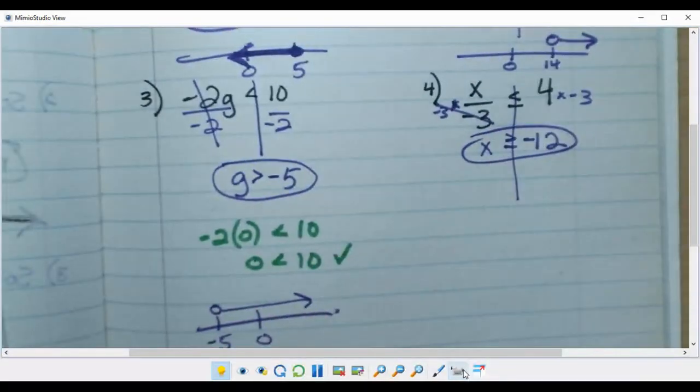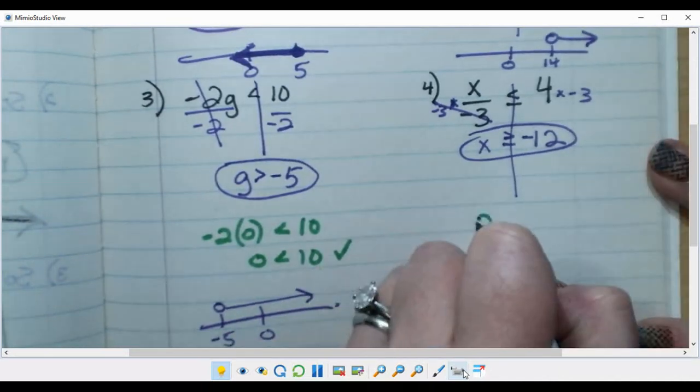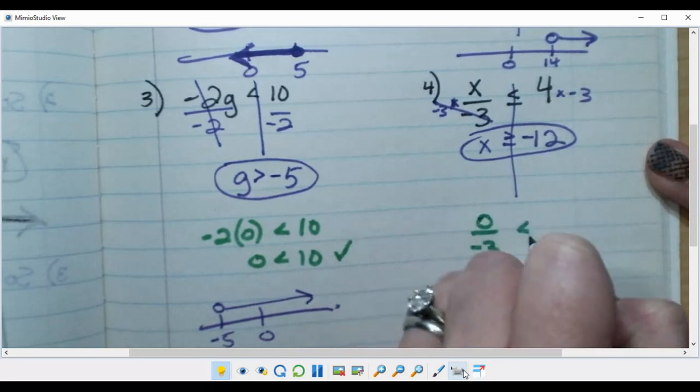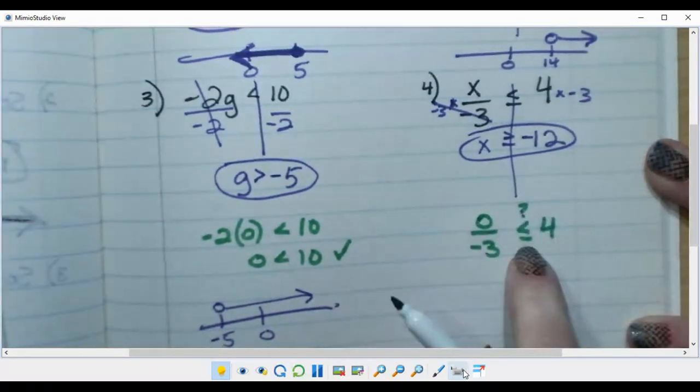Let's test it. Give me a number greater than or equal to -12. I can equal it. I might as well stick with -12. But okay, let's do something greater. Let's say 0 again. I love 0 and 1. If I get the choice, I go for 0 and 1 every time because they're super easy. So I'm going to go for 0. Let's say 0 divided by -3, is that less than or equal to 4?